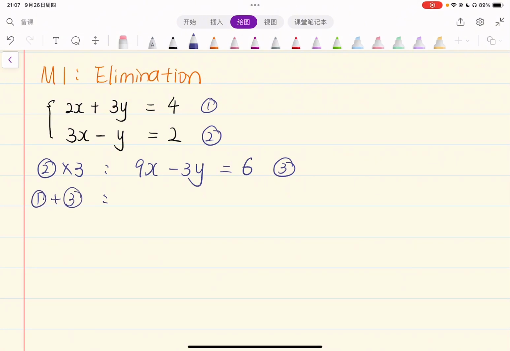We have 2x plus 3y, that is equation 1 on the left-hand side, plus 9x minus 3y, and for the right-hand side we have 4 plus 6.